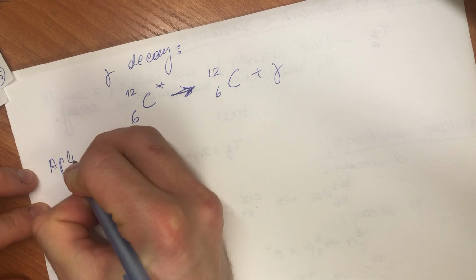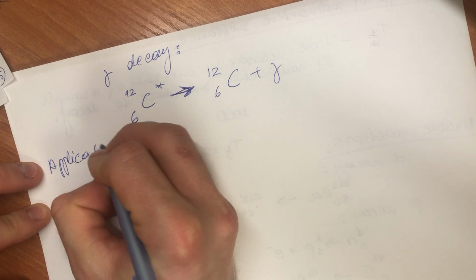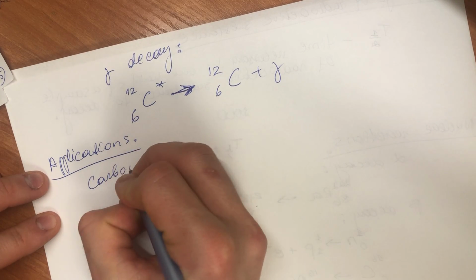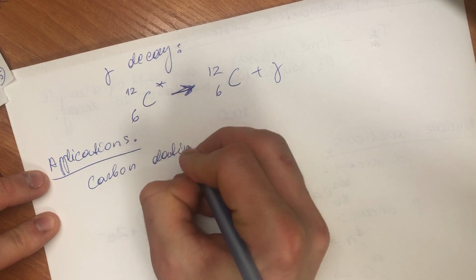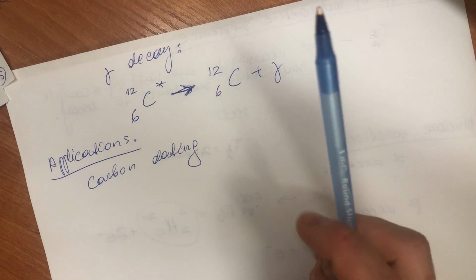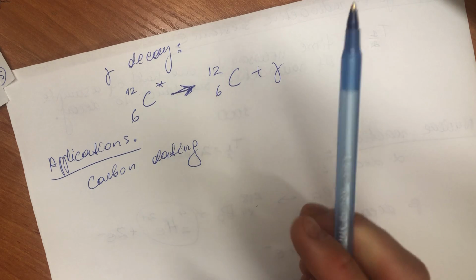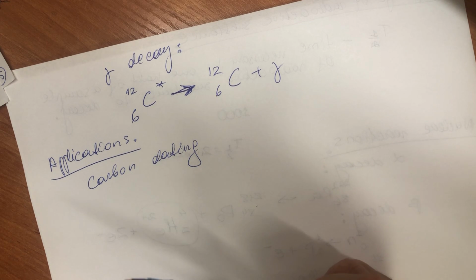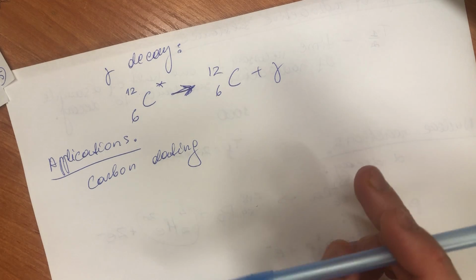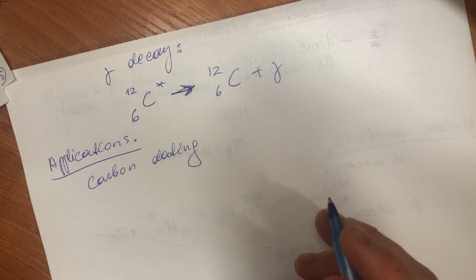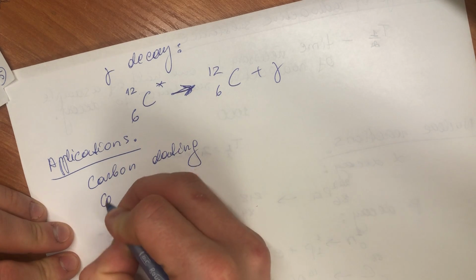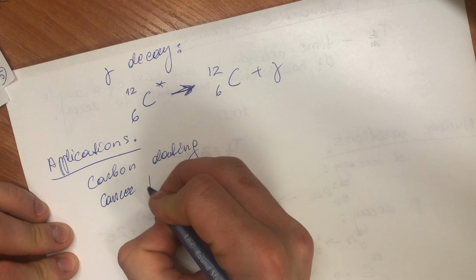Applications of radioactivity. Speaking about carbon, there is carbon dating. According to the radioactivity of carbon, because scientists know the half-life, they can predict the age of an organism. Another application is in medicine, cancer treatment.